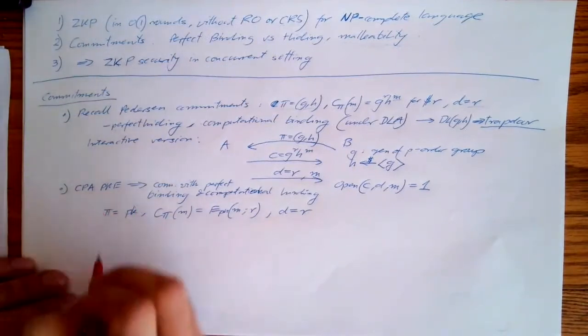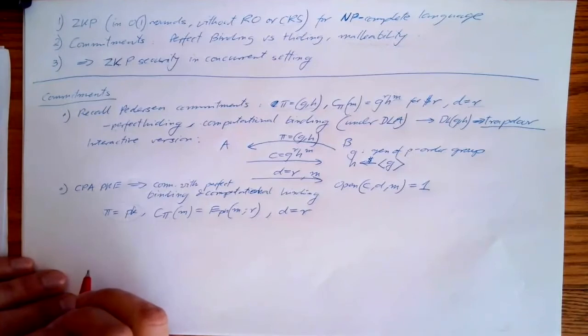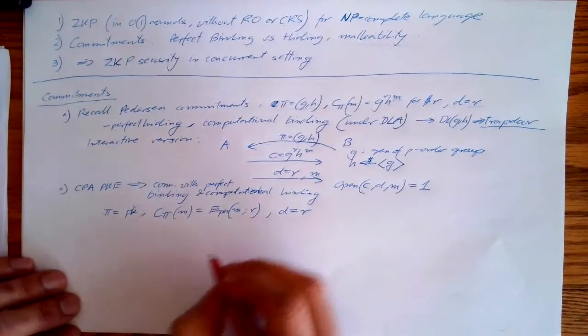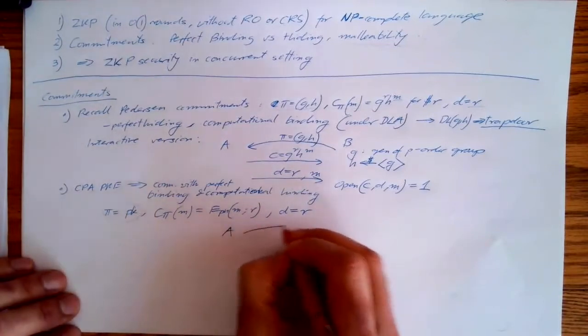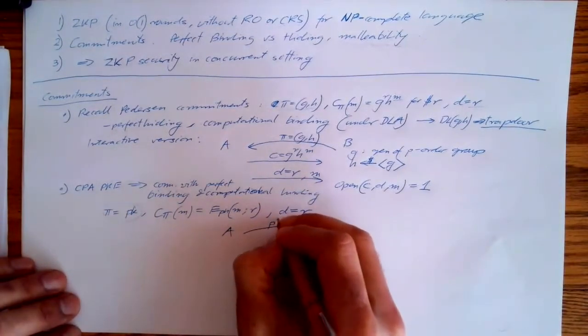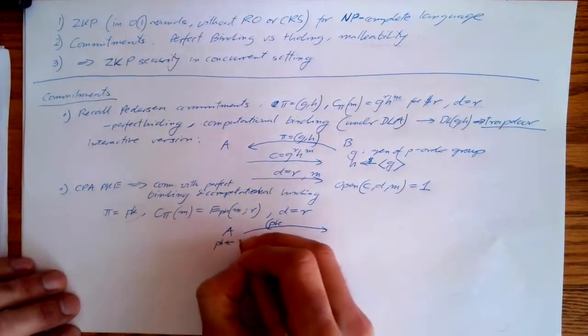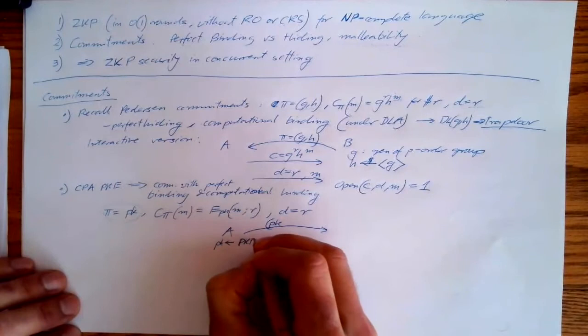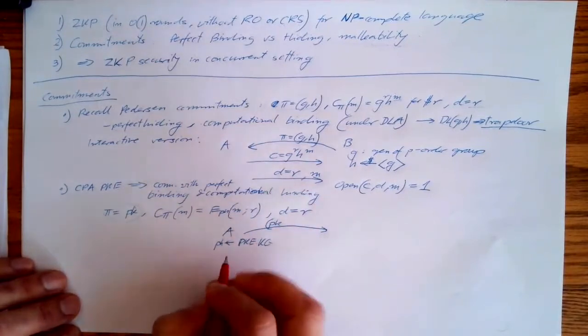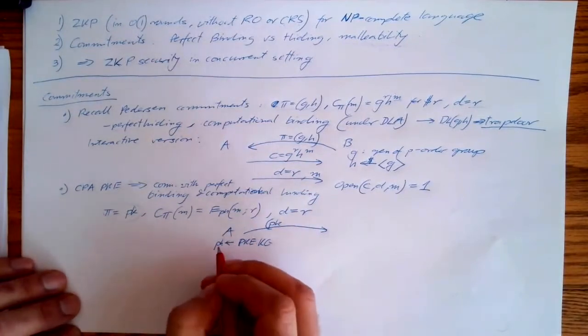Now, do you need these parameters to be picked by a trusted authority? Actually, no. A can pick the public key. So it's a public key generation, and in fact, it doesn't need the secret key, right?